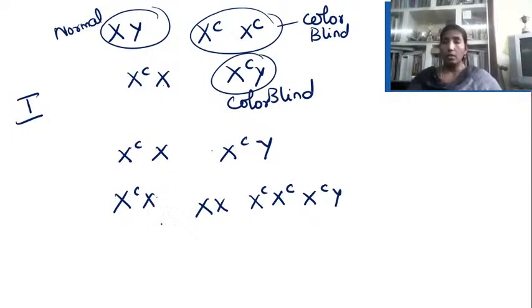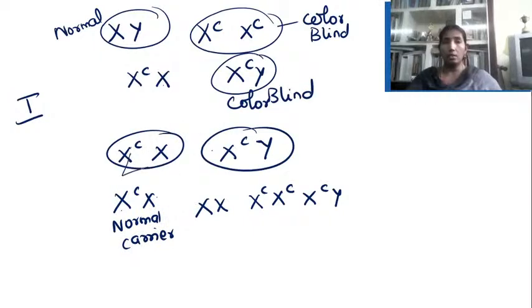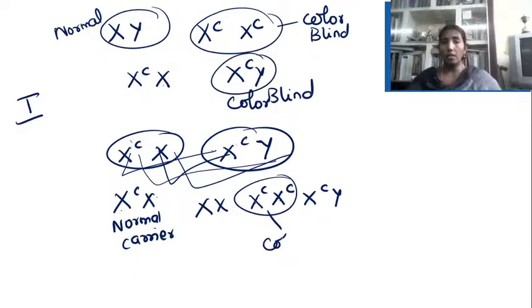So you can see here one child will be normal, but she'll be a carrier, a female child. So you can make the crisscross inheritance, this pattern I'm showing. So XC, XC, so you're getting it. So here a daughter will be colorblind and then a son will be colorblind.